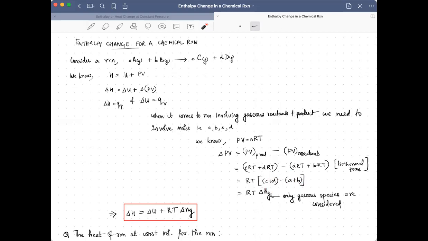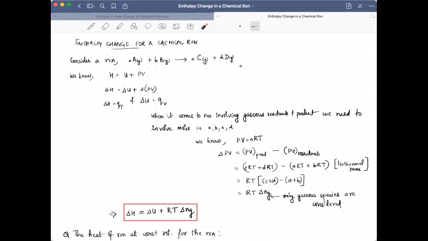So in short, I can write this as equal to RT delta n_g, where delta n represents the change in moles of the product versus the reactant. Now here I have used a subscript g to indicate that, suppose in this particular reaction that I have considered here, all the components are in the gaseous state.